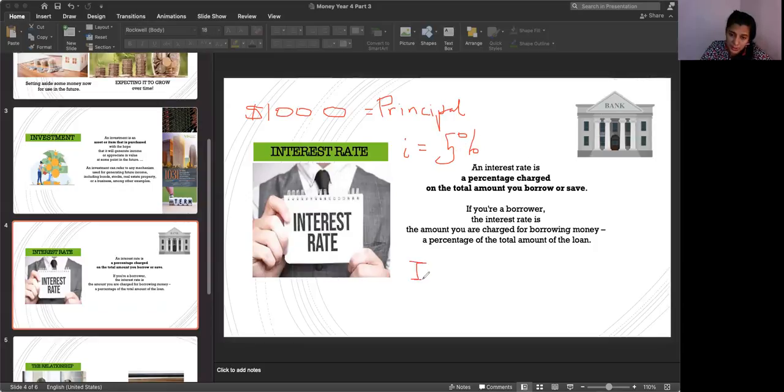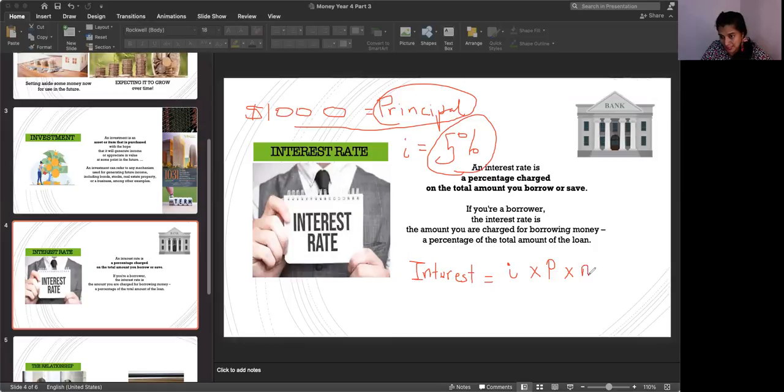So how much is your interest? Interest is that extra amount of money that you get. How do you calculate that? All you need to do is take your interest rate, which is the percentage that the bank says, and multiply it with your principal, which is your P, and also multiply it by how long you're going to put that money in, in years, and that's known as N. N is the number of years.